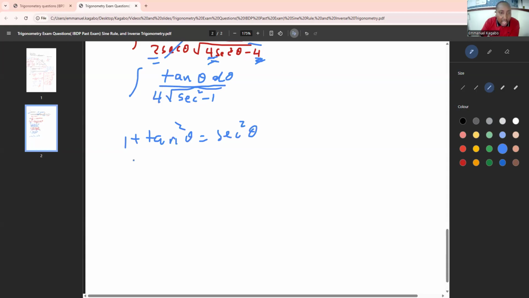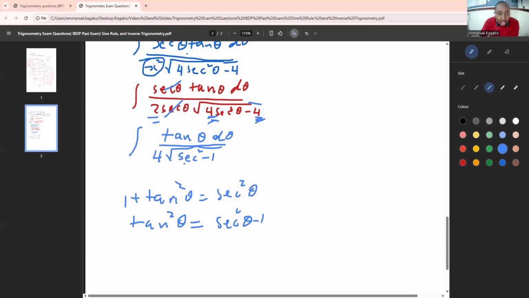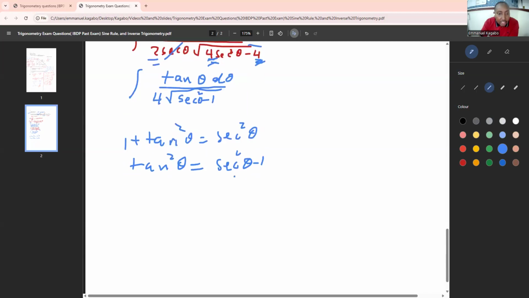So tan squared will be equal to sec squared theta minus 1. So that means instead of having sec squared theta minus 1 here, I can put tan squared there. So what do I get now?